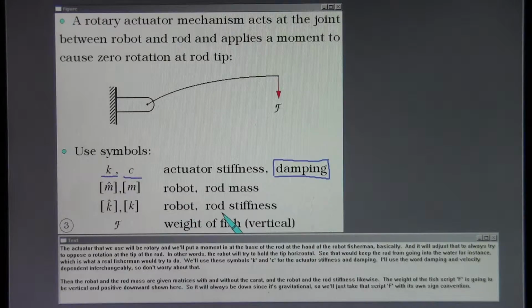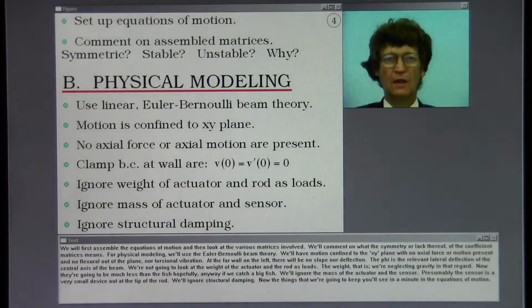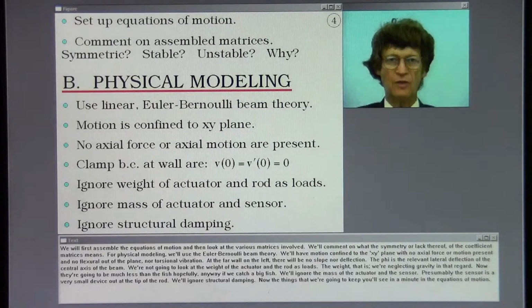The weight of the fish, script F, is going to be vertical and positive downward shown here, so it will always be down since it's gravitational, so we'll just take that script F with its own sign convention. We will first assemble the equations of motion and then look at the various matrices involved. We'll comment on what the symmetry or lack thereof of the coefficient matrices means.